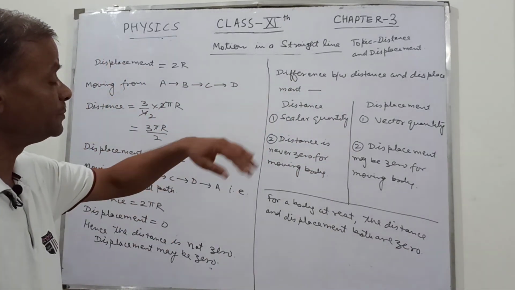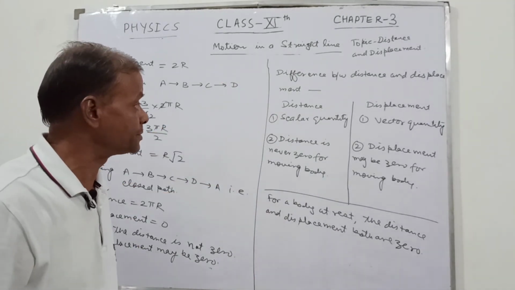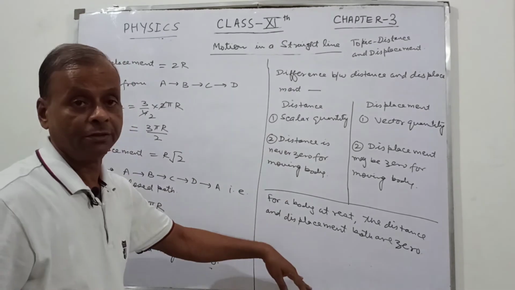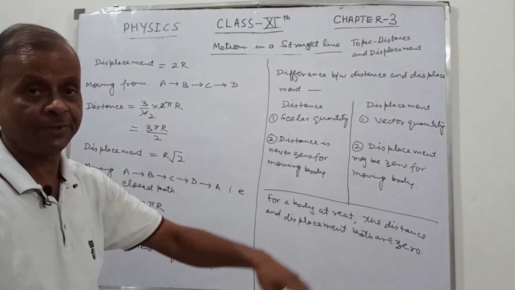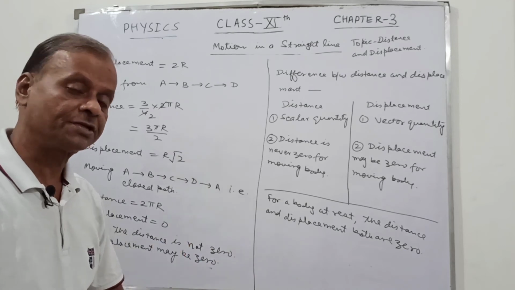And one thing, the relation between them. I have told you with the help of these examples that when the body has distance and displacement, then displacement is always less than the distance.